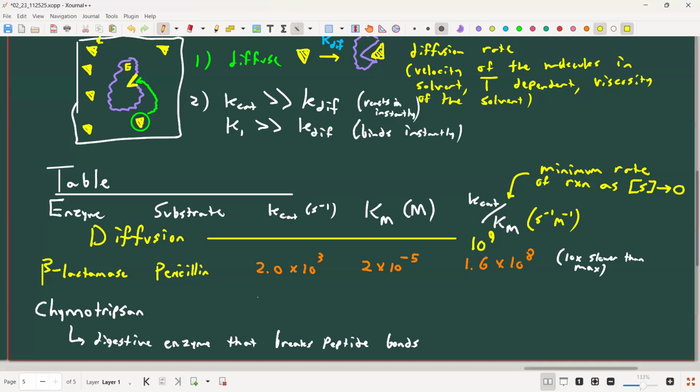It has a kcat of 6.3 times 10 to the 7. Look how fast that is, right? That cleaves them 1,000 times faster. And it turns out that its efficacy is that rate.